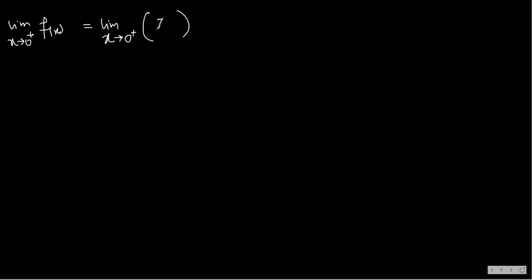So here I'll write 7 by 3. So when x is approaching 0 from the right, it is 7 by 3. So limit f of x, x tends to 0 positive is 7 by 3. This is number 2. So we got the left hand limit and right hand limit.